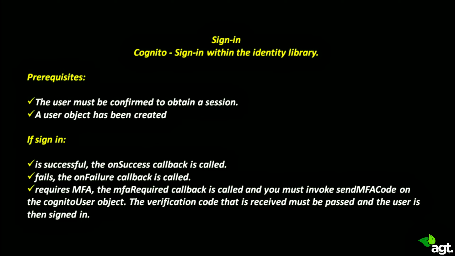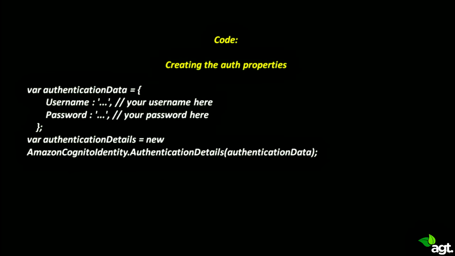If the sign in process is successful, the on success callback is called, and if it fails, the on failure callback is called. If it requires MFA, the MFA required callback is called, and you must invoke send MFA code on the Cognito user object, and the verification code that is received must be passed when the user signs in.